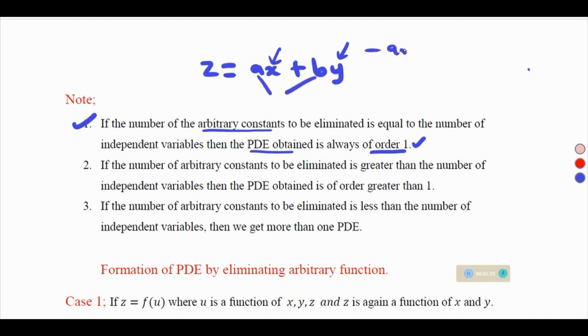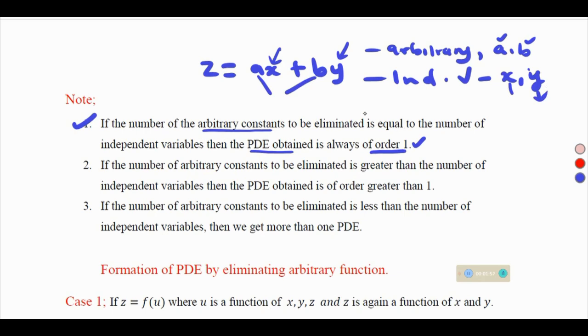So the arbitrary constants to be eliminated, a and b, are equal in number to the independent variables, x and y.